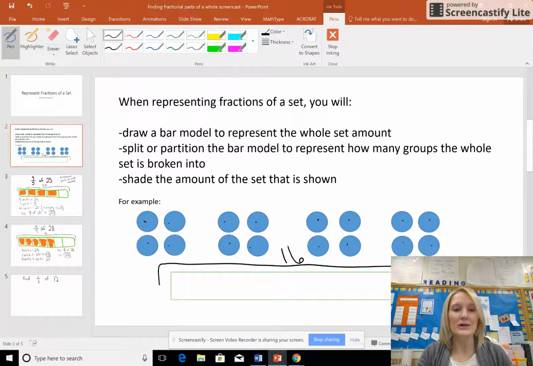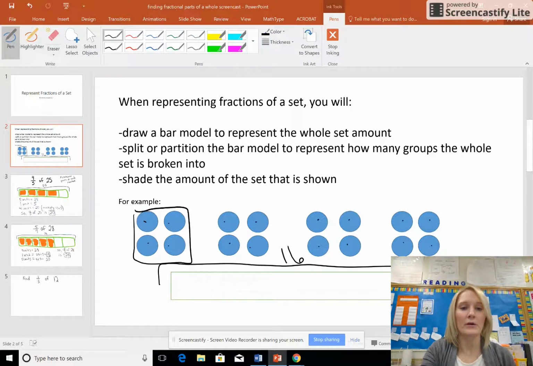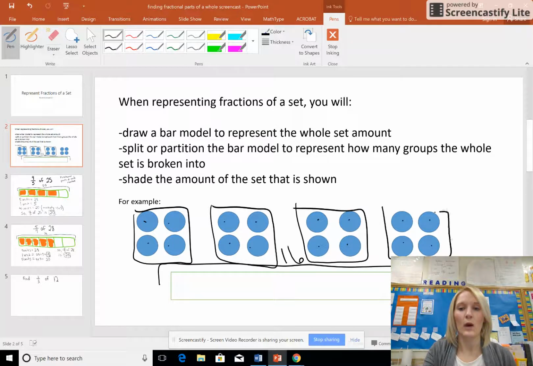When I go to split the amounts in my bar model, I'm going to split based on the number of sets that I have inside the entire set. So if you take a look, I have 1, 2, 3, 4 sets. So when I break my bar model, I'm going to split it into 4 equal parts.